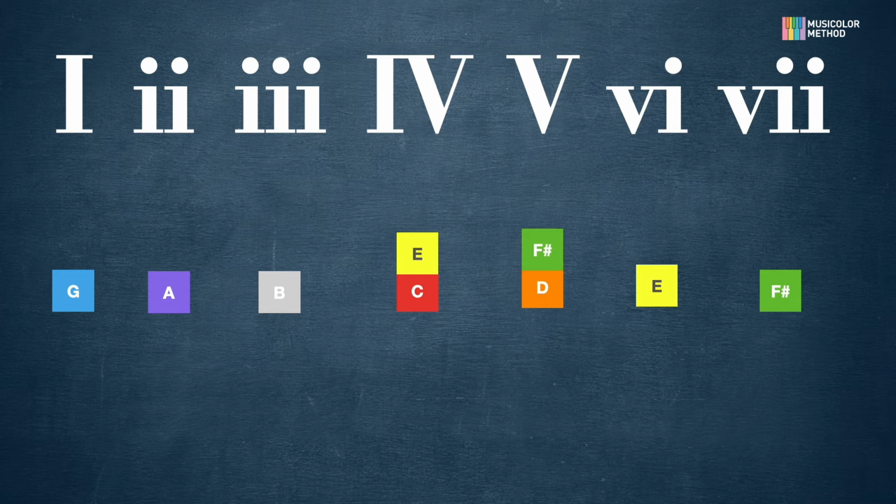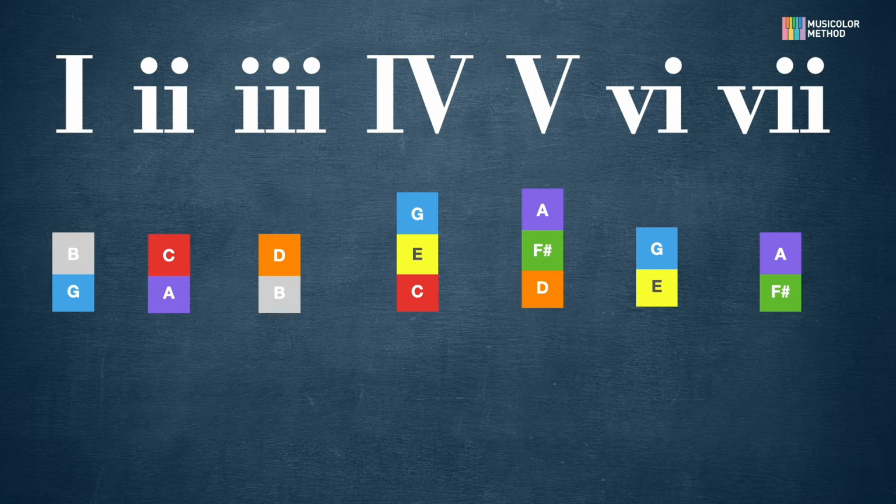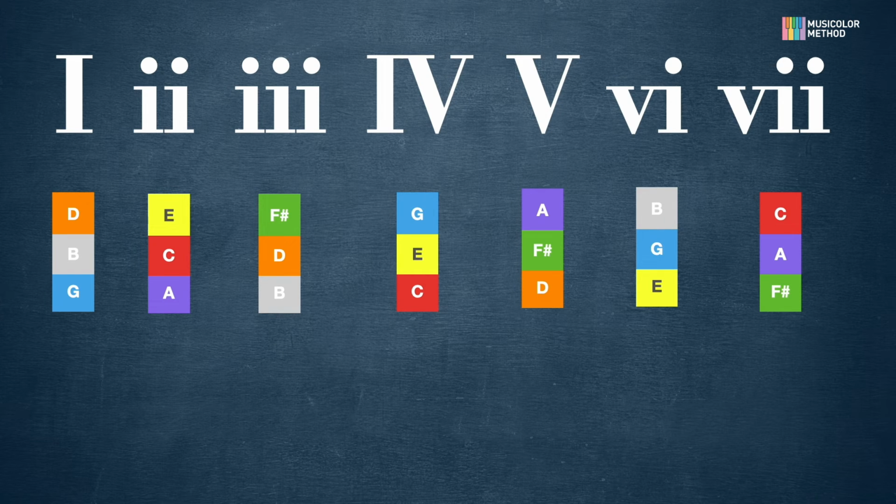Now let's fill in all those other notes. These are all the chords in the key of G, right? And you can see if we were counting these chords, we'd say G is a 1 chord, A minor is a 2 chord, B, D, F sharp is a minor 3 chord.